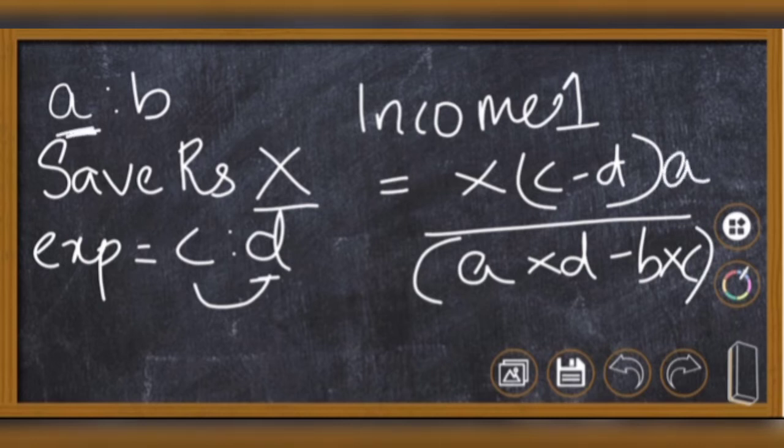This into A gives income 1 and this into B gives income 2. The common value is X into C minus D divided by AD minus BC. Now we will do the problem.